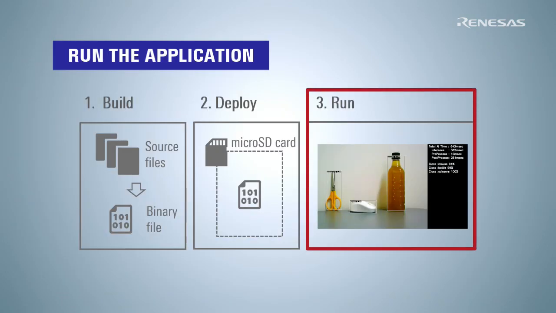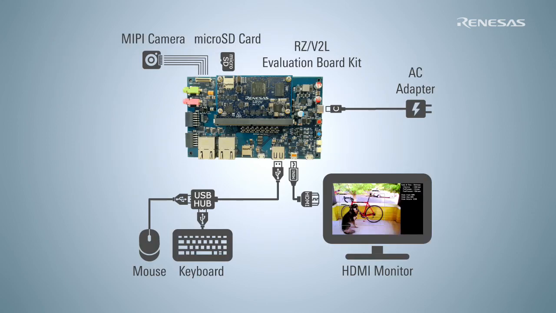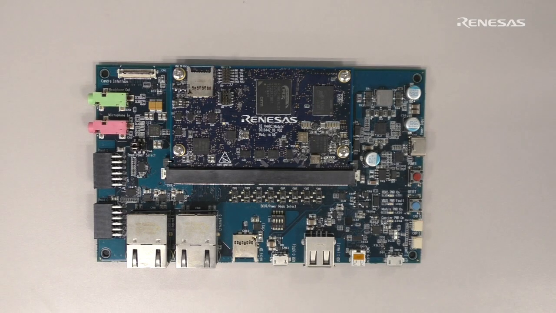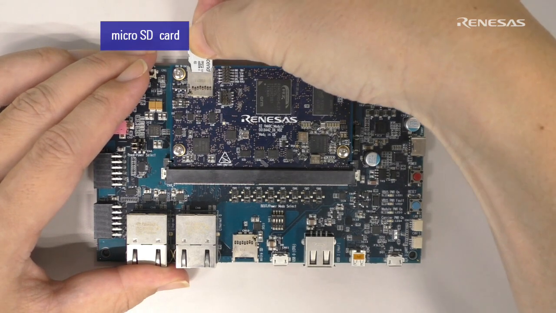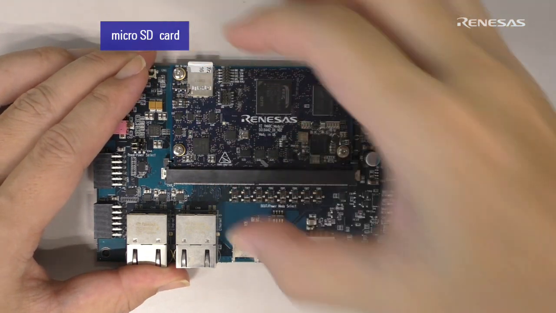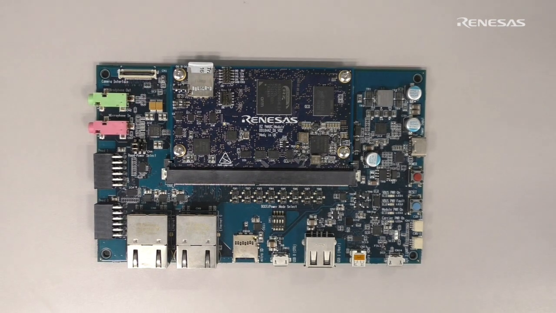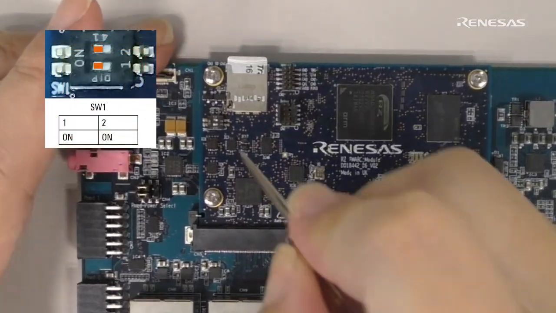Now let's run the AI application. First, we will connect the board and all other equipment. Insert the micro SD card to the board. Change the switch configuration.